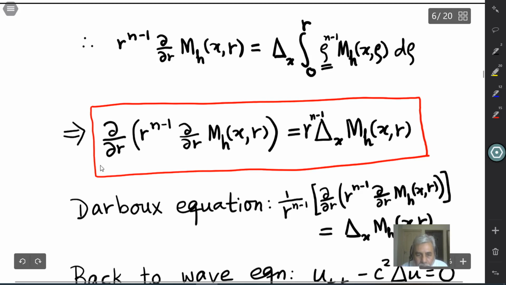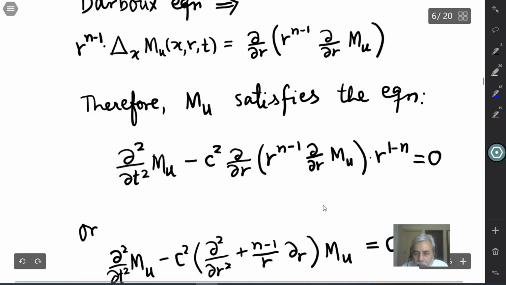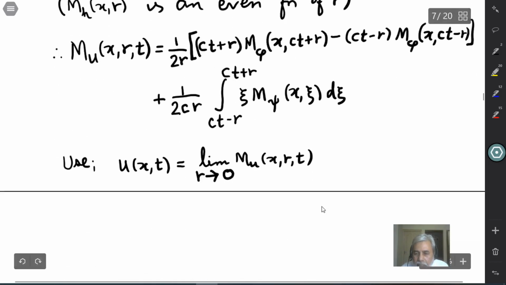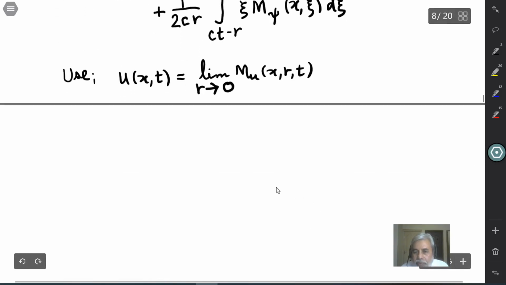That is an important thing, and now we'll see how that can be exploited in the study of this wave equation. Before coming to the wave equation, let's do some computation. In all these things, computations are a bit lengthy, but they are straightforward.